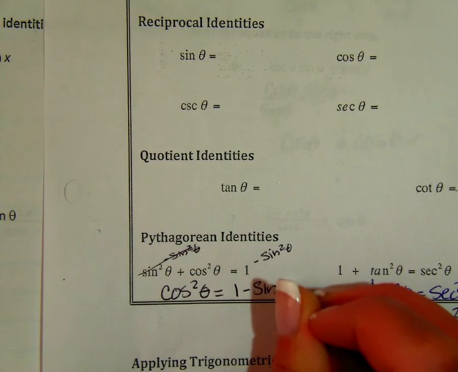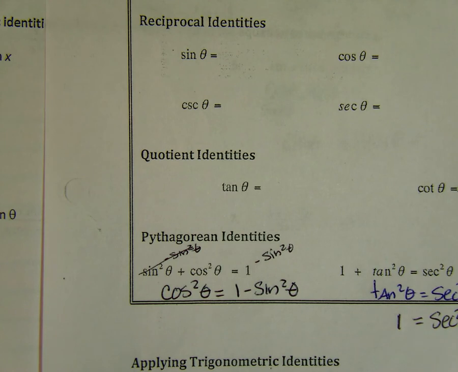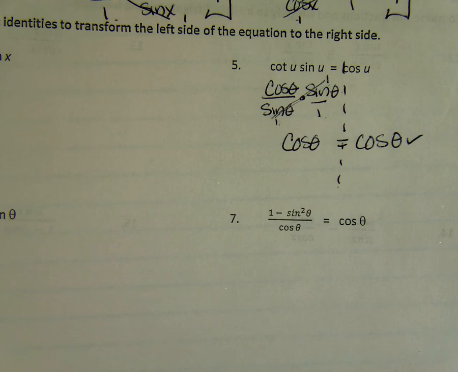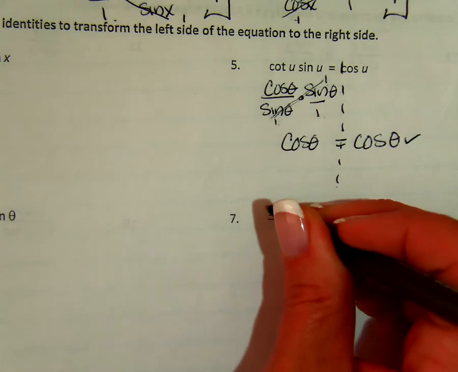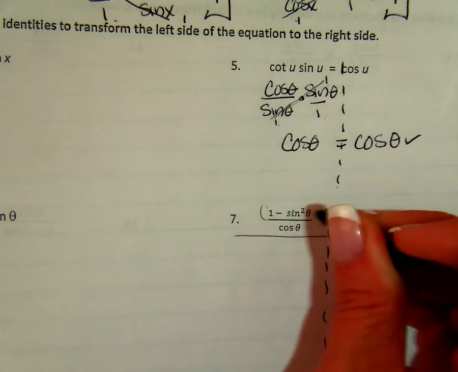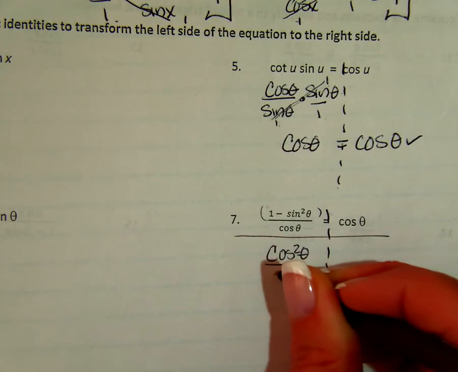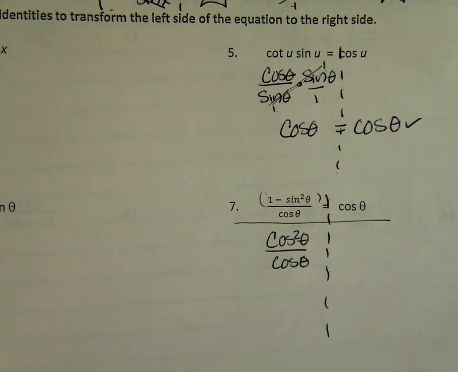So I see the cosine squared and 1 minus the sine squared of theta are equivalent. So anytime I see 1 minus sine squared of theta in a problem, I could just replace it with the cosine squared of theta. So let's do that. I'm taking this and I'm going to replace it with the cosine squared of theta. Remember what it means to square a value.